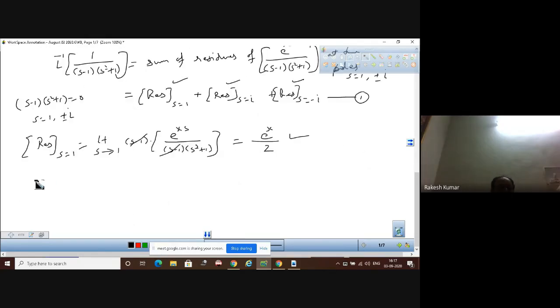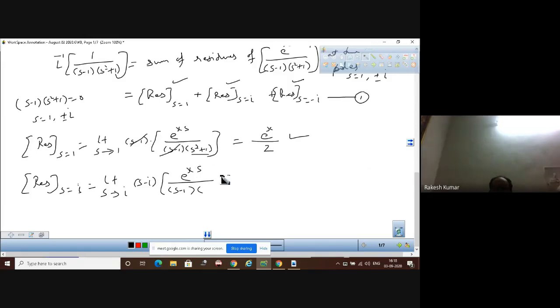Similarly, we can get the second residue at s equal to iota. The limit as s approaches iota of (s minus iota) e raised to power xs upon (s minus 1)(s square plus 1).